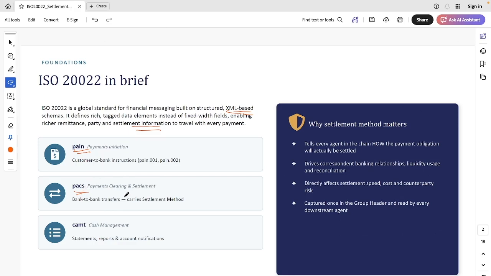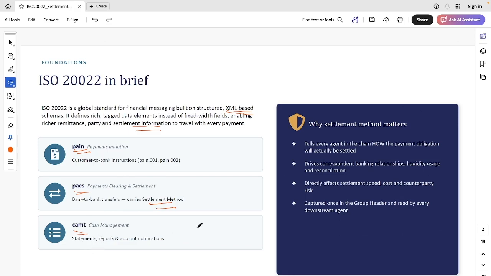These are your interbank messages. That means once the payment moves from customer-to-bank space into bank-to-bank space, PEX messages come into the picture. This is where settlement method becomes very important. And third is CAMT, cash management. These messages are used for statements, reports, notifications, and reconciliation related information.